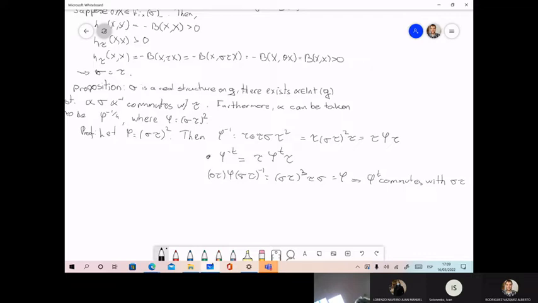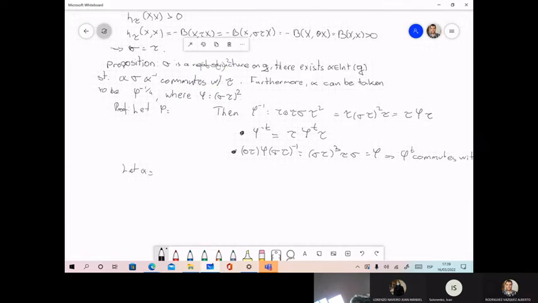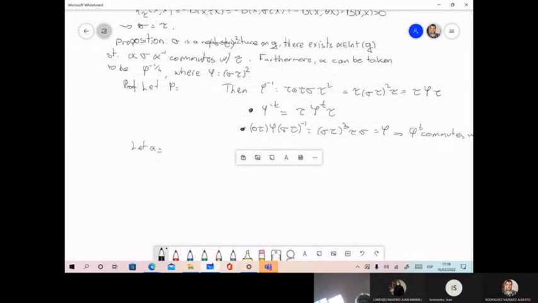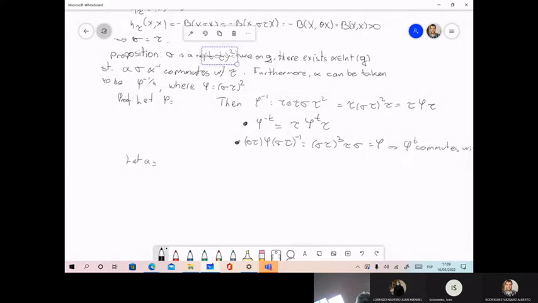Okay, we have these two properties, and the thing is that we want to prove that for certain alpha of the form, oops, seems like I moved something around here.